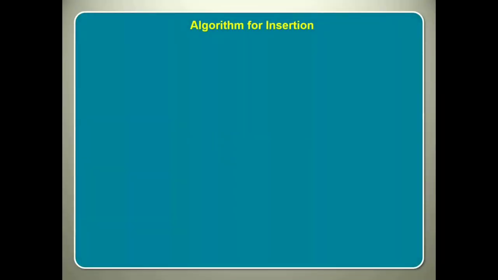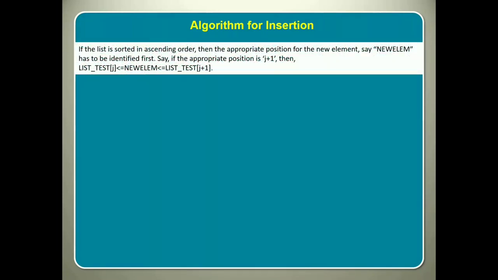Let us first write the algorithm for this. If you have the sorted list in ascending order, then the appropriate position for the new element, say newLM, has to be identified first. Say if the appropriate position is j plus 1, then list_test[j] <= newLM <= list_test[j+1].